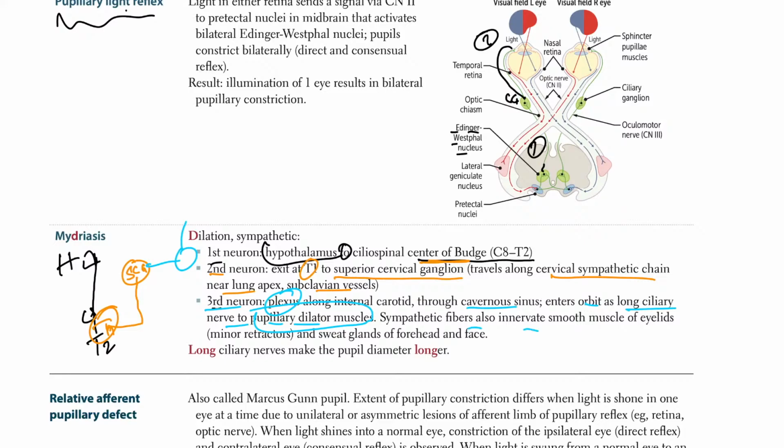Sympathetic fibers also innervate smooth muscles of the eyelid, minor retractors, and sweat glands of the forehead. Okay, this is important, let me read it one more time. Third order neuron: sympathetic fibers also innervate smooth muscles of the eyelid, which are the minor retractors of the eyelid, and sweat glands of the forehead and face.